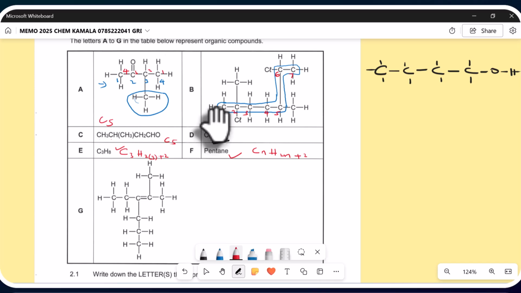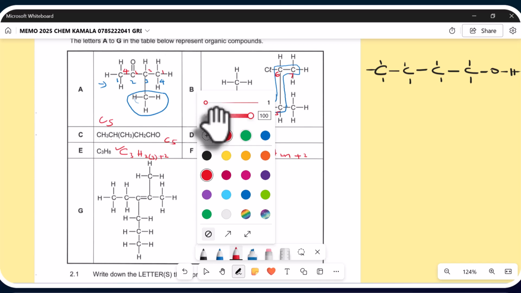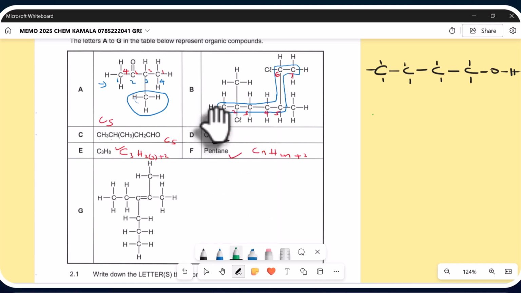And then if you look at our branches now, where are the branches? The branches, we have them on carbon number what? For the one in the red, where do we have the branches? We have them on carbon number 2, okay? That is for the chloro, carbon number 2. That's for the red, and then also carbon number 6, okay?